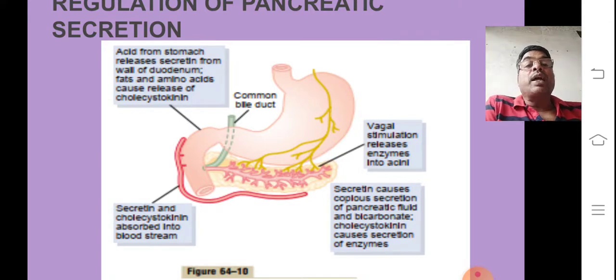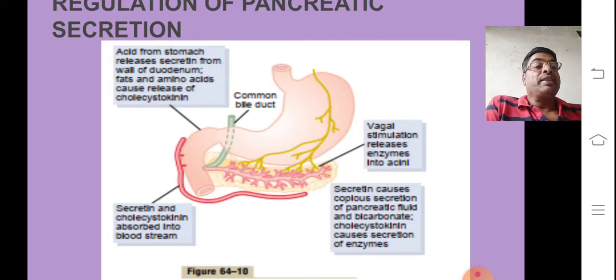Secretin and cholecystokinin are absorbed into the bloodstream. They reach the pancreatic cells and stimulate them to secrete. Secretin causes copious secretion of pancreatic fluid and bicarbonate, whereas cholecystokinin causes secretion of enzymes.